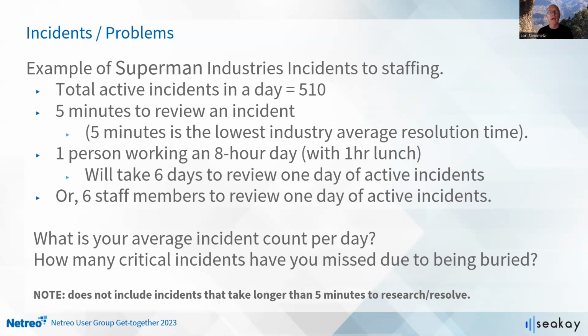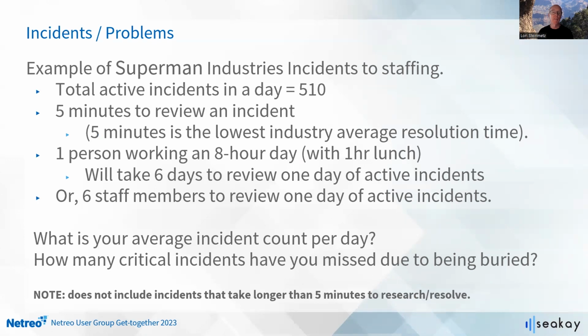One person working an 8-hour day with a 1-hour lunch. I know you guys don't get an hour, and you probably don't get lunch. It will take 6 days to review 1 day of active incidents, meaning one person could never look at 510 incidents if it takes 5 minutes to review.